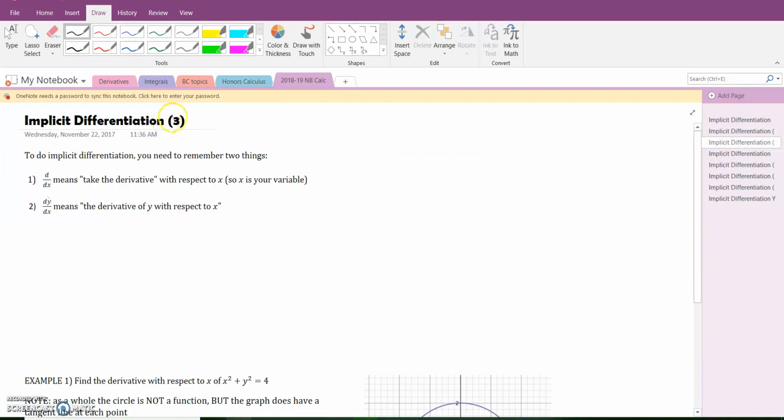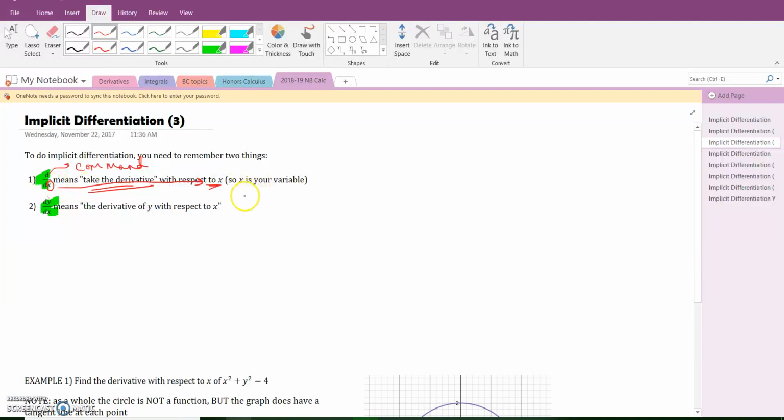Okay, so you're going to have to remember two notation things here when we do this: d dx versus dy dx. So d dx, if someone puts that down, that is actually a command to you, saying, hey, take the derivative of this equation with respect to x. The reason it's with respect to x is because it's d dx. That means in calculus language, derivative with respect to x.